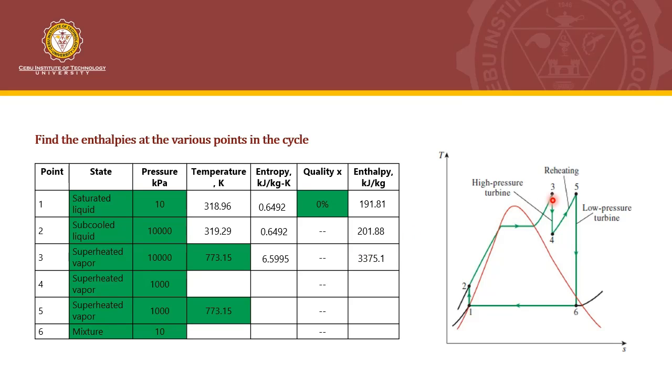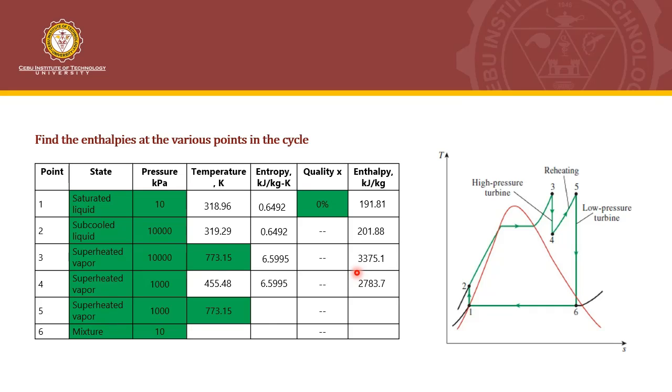So I will observe process 3 to 4 is an isentropic process. So point 3 and point 4 have the same entropy. And as you can see here, we have two properties that are known for point 4. That is why we can use the software, also inputting these two values. I can also get the temperature and the enthalpy at point 4.